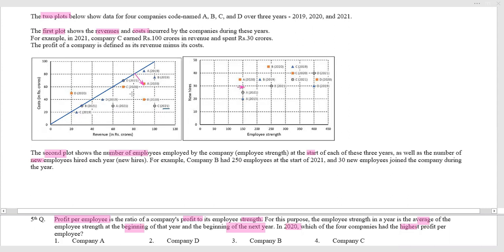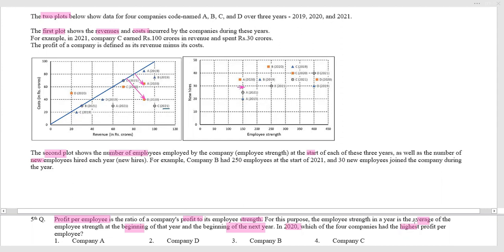Okay. If I check B, 2020, it is the profit, higher profit. For B average line, 19 and 20 I have to take. Which 2 years I have to take?